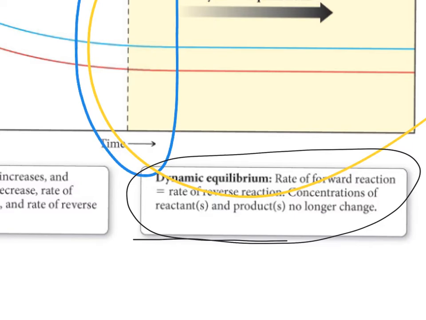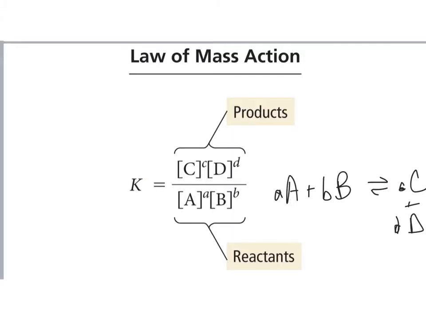Dynamic equilibrium means that these are changing. However, the rate of the forward equals the rate of the reverse, and so the concentrations of the reactants and the products don't change. Okay? So when we reach equilibrium, we can define that position of equilibrium as, again, where the rates are equivalent and therefore these concentrations aren't changing.